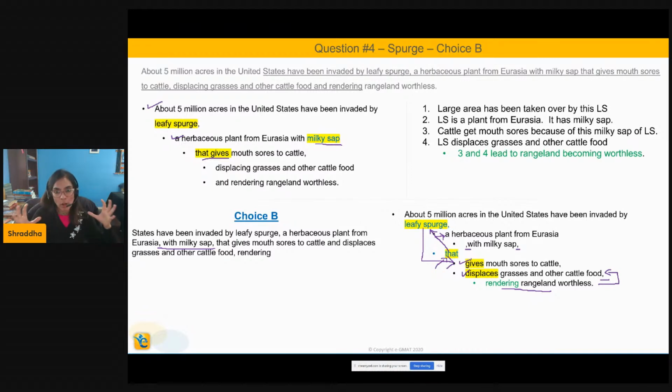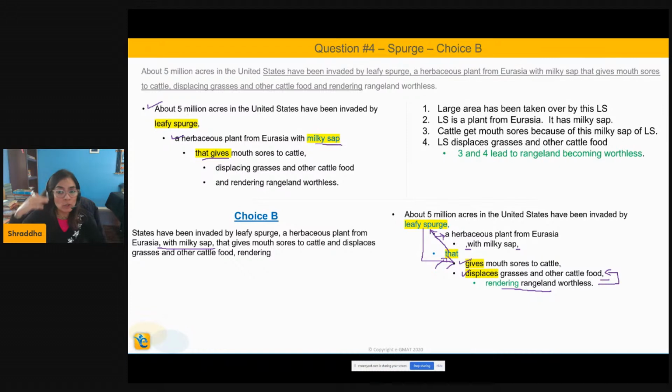Just visualize the whole thing. When we see a cow eating the leafy spurge, we can say, hey, why did my cow get the mouth sore? Because it ate leafy spurge. Now that's the technical part of it, that okay, leafy spurge has this particular chemical, milky sap, and that gave the mouth sore.